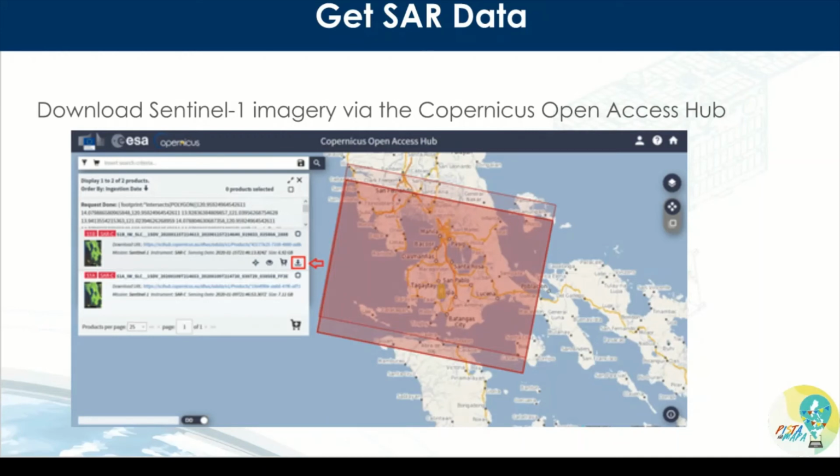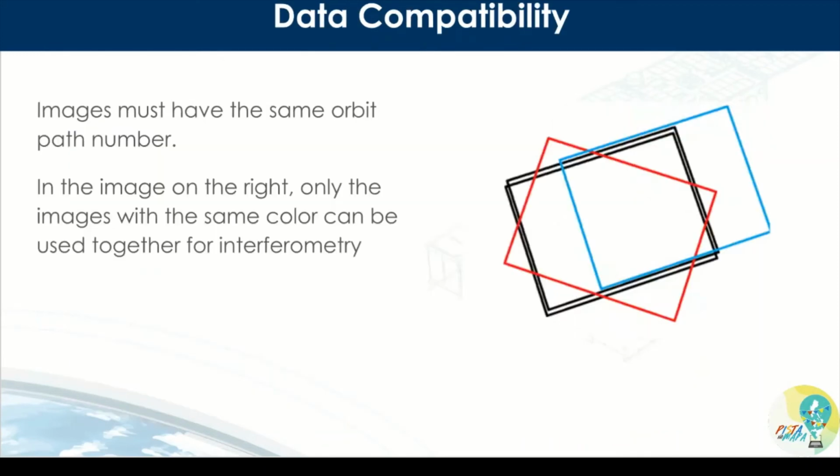In this case, you can see that the 2 images we want, they're right there, nice overlap. It's important to note that images need to be from the same orbit number or basically the same region for this analysis to work.